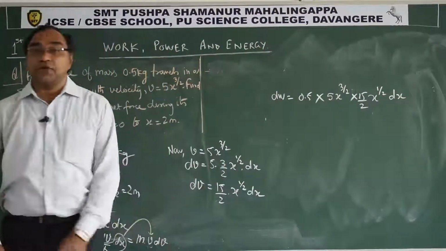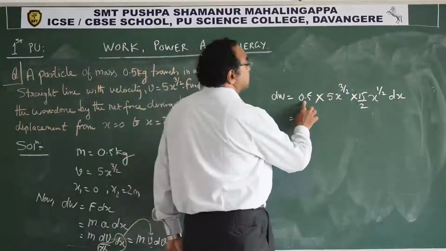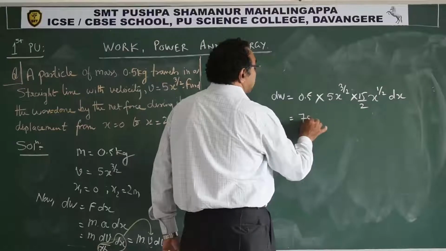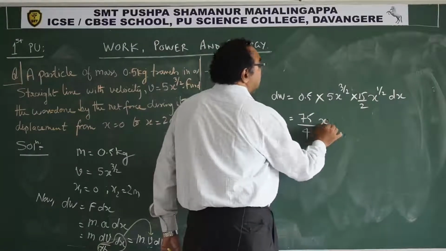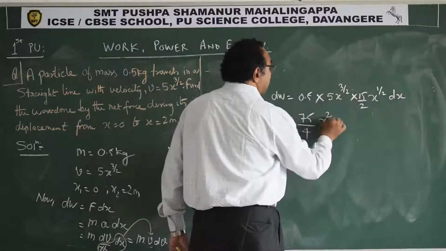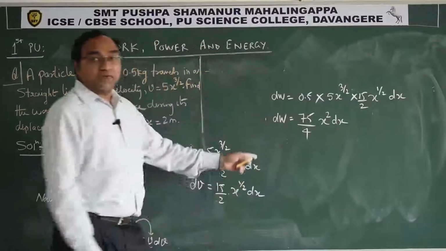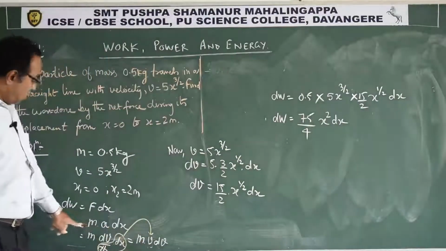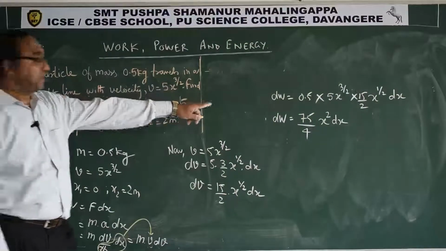See how each of the terms can be substituted. So what we get now, this is 75 by 4 x square dx. Single variable equation, all the variables now converted into a single variable, that is x.